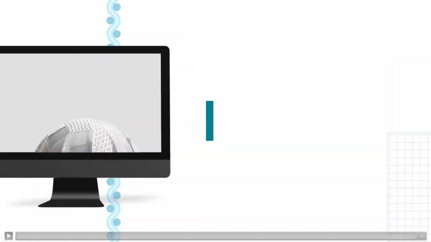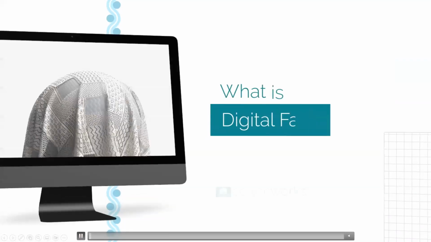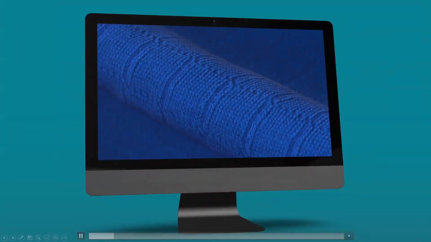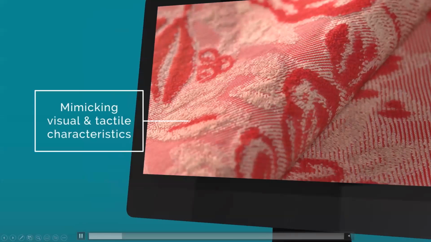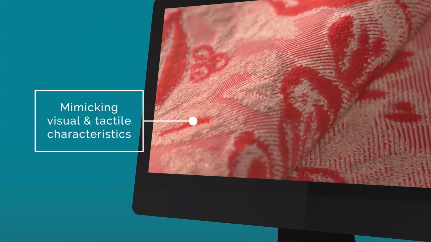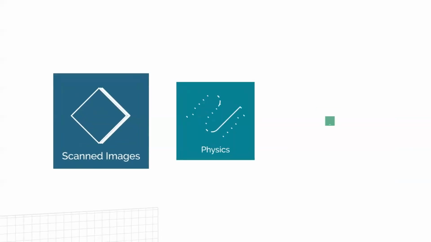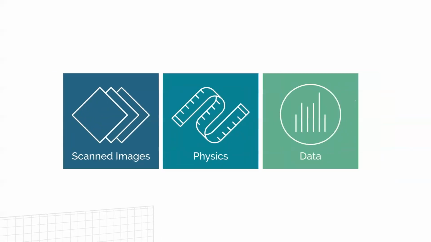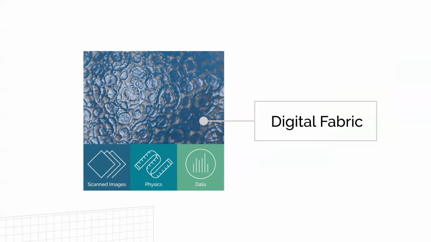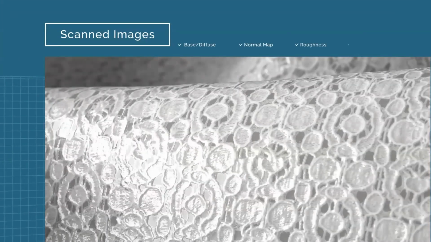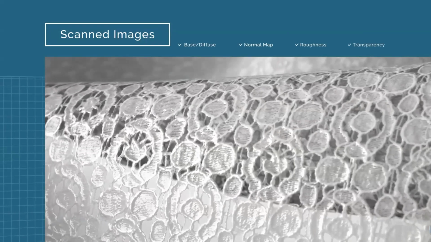So we're going to see if this video will play for us. I'm sorry if there's a slight lag, but this video will show the three main components of digital fabrics and how they're made. Essentially, digital fabrics are like a twin for the physical counterpart. It recreates the look and the drape of the physical fabric. We use a camera or a scanner to get a high quality image of the fabric.